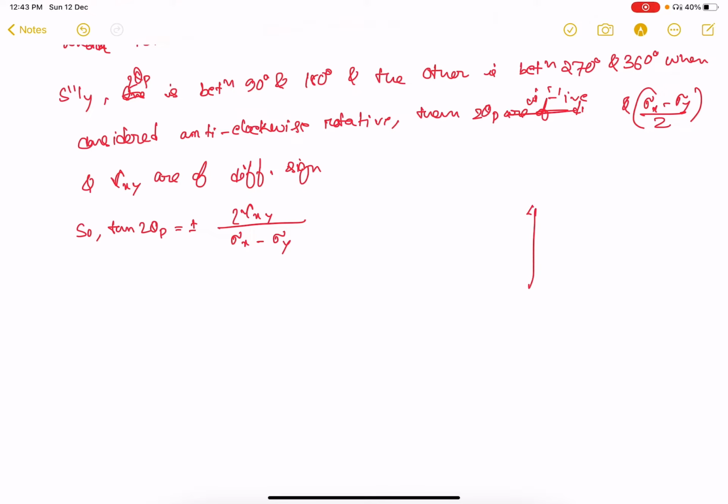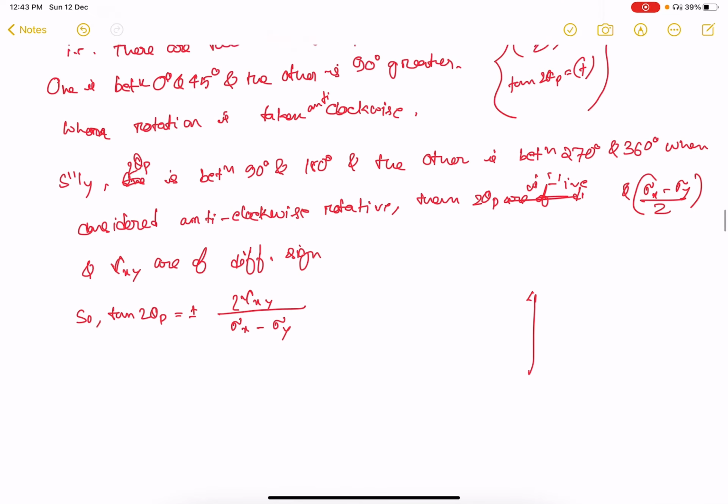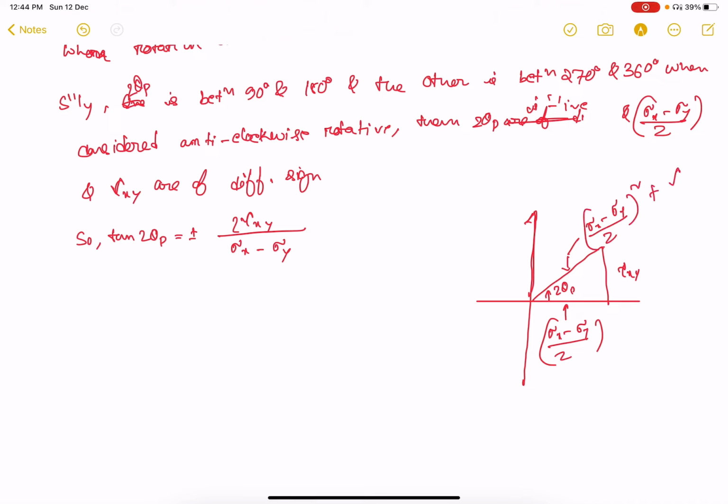From here, if it is 2θp, it is tau xy, and (sigma x minus sigma y) divided by 2, and the hypotenuse is the square root of ((sigma x minus sigma y) by 2) whole square plus tau xy whole square.